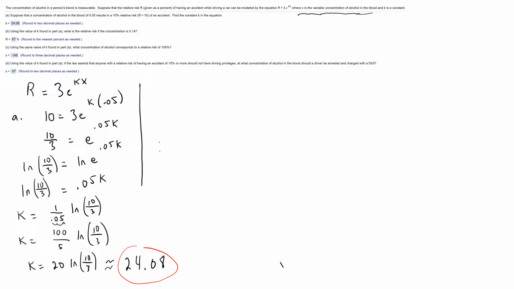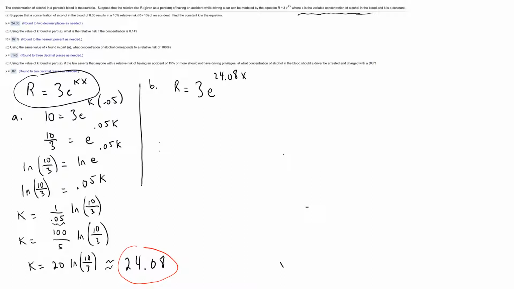Going on to part B, using the value of K, what is the risk if the alcohol level is 0.14? All right, so part B, now that we have K, we can plug that into our R equation here. So R equals 3e to the 24.08x.